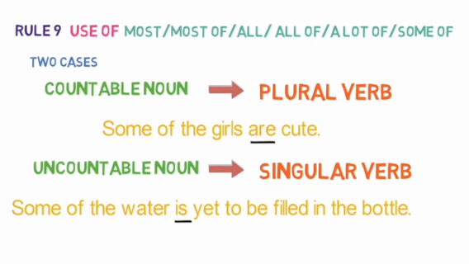When used with a countable noun, use a plural verb. But when it is used with an uncountable noun, a noun that cannot be counted, you should use the singular verb. So, I believe you're learning. Go through these rules again. You can pause the video to read the sentences and understand them better.